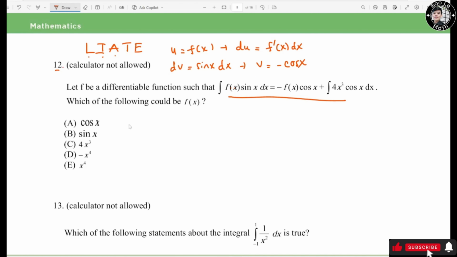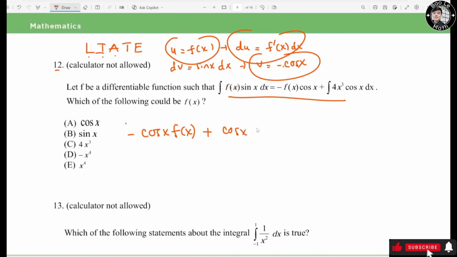So it's going to be this guy times this guy, right? So it could be negative cosine s f of s minus v du, this guy times this guy. So you have plus cosine s f prime of s ds.